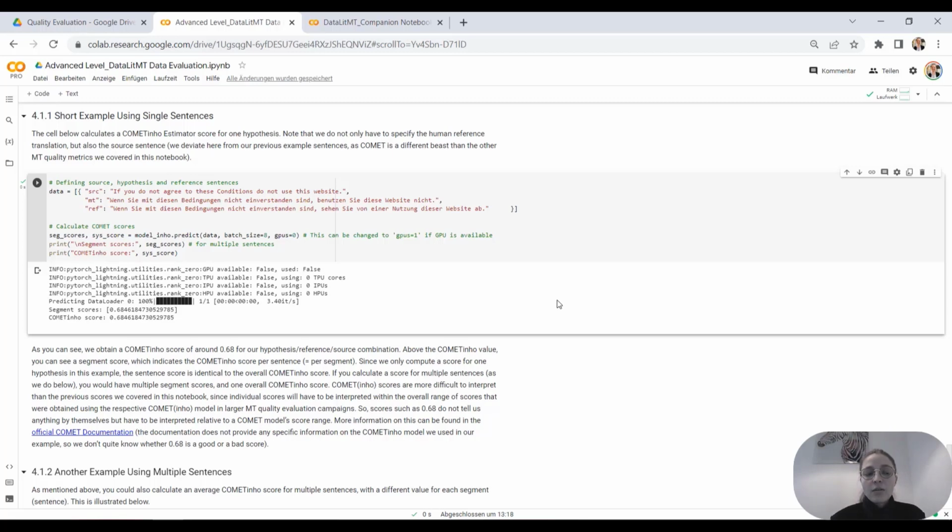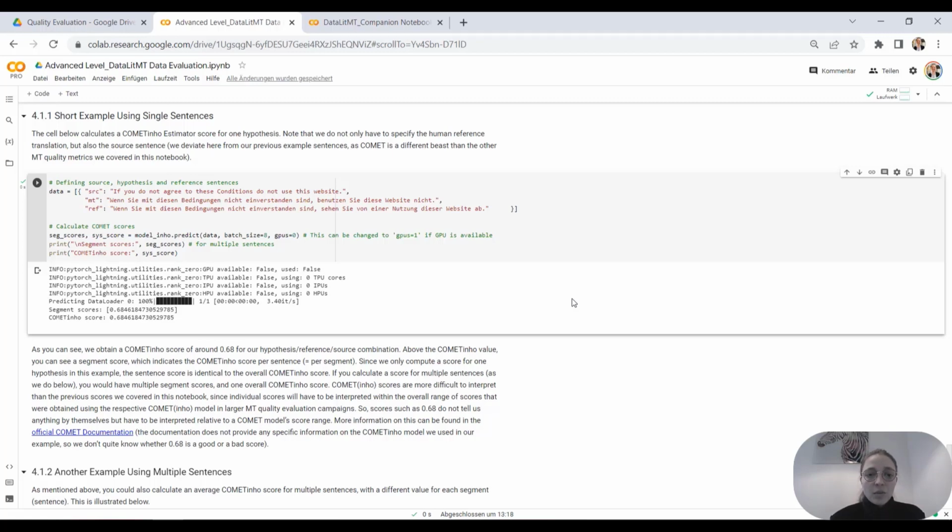For example, if you are training your NMT model and then you have machine translations in the end, and then you are adapting something to the model because maybe you want to improve the quality, then you recalculate it and you get new machine translations, and then you compare the COMET scores of these different machine translations. Based on that comparison, you can see which ones are better, so which scores are better.